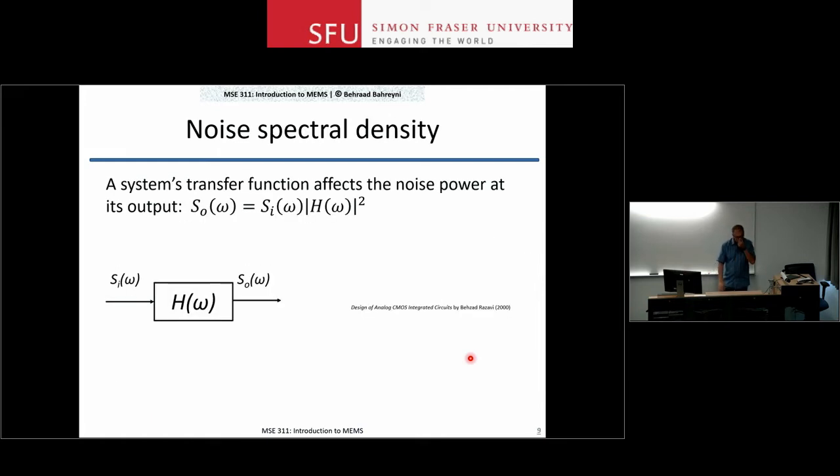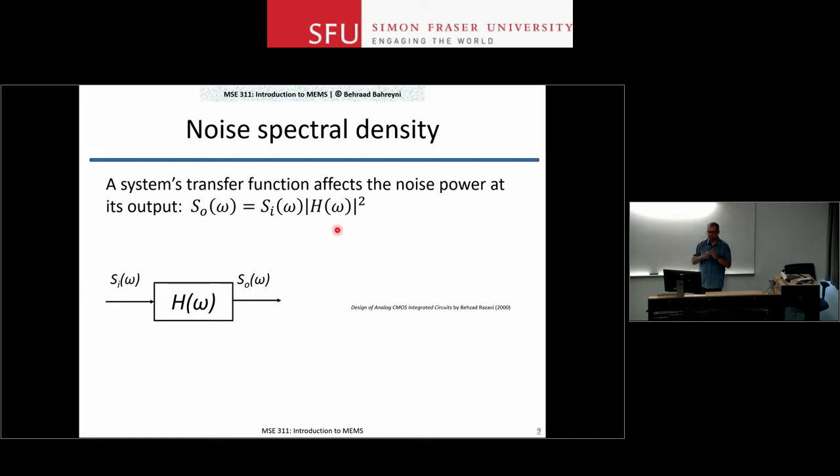Now, one interesting thing is that for your signal that goes into a system with a transfer function of H(j omega), you have an input spectral density and an output spectral density, and you can show that the spectral density of your input signal is shaped by the transfer function of your system. Don't worry too much about how these are derived, right?